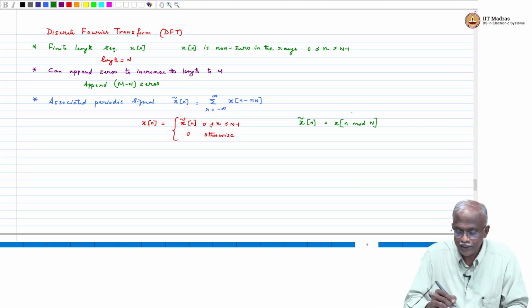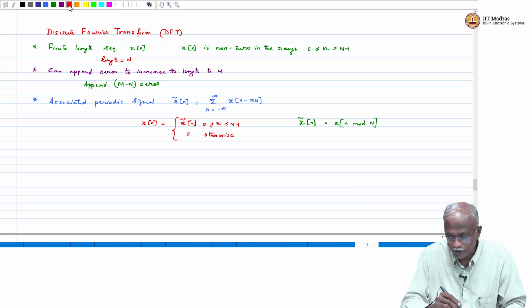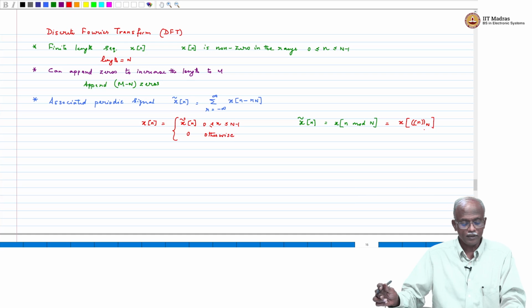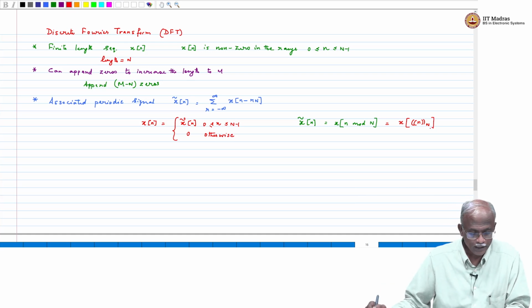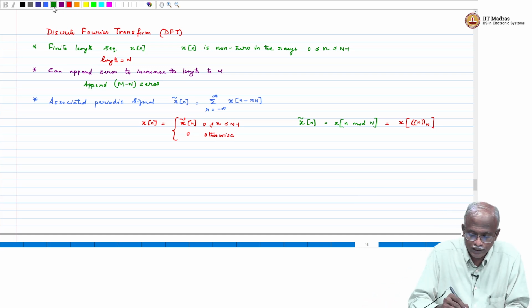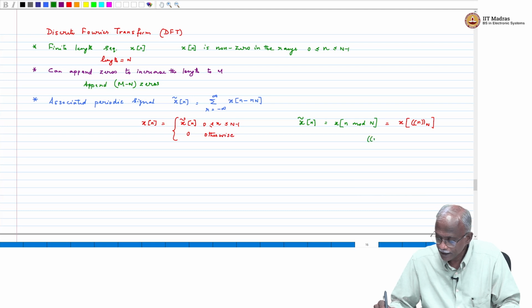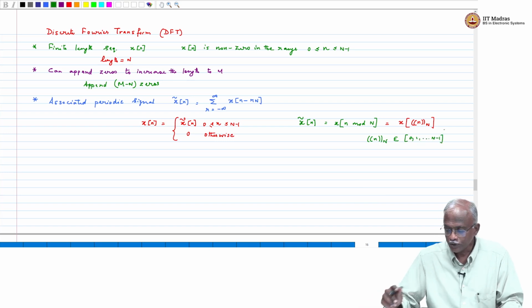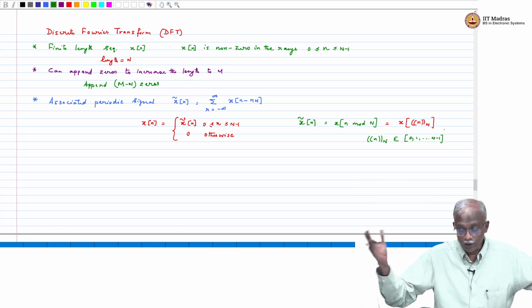And what is the notation that is used? Very important, because when you read the book, you will see this notation quite often. Double bracket, the variable n, and the index for the modulus, the uppercase N. So once you do this, double bracket n, it belongs to the samples in the range 0, 1 through N minus 1, because of the modulus operation.